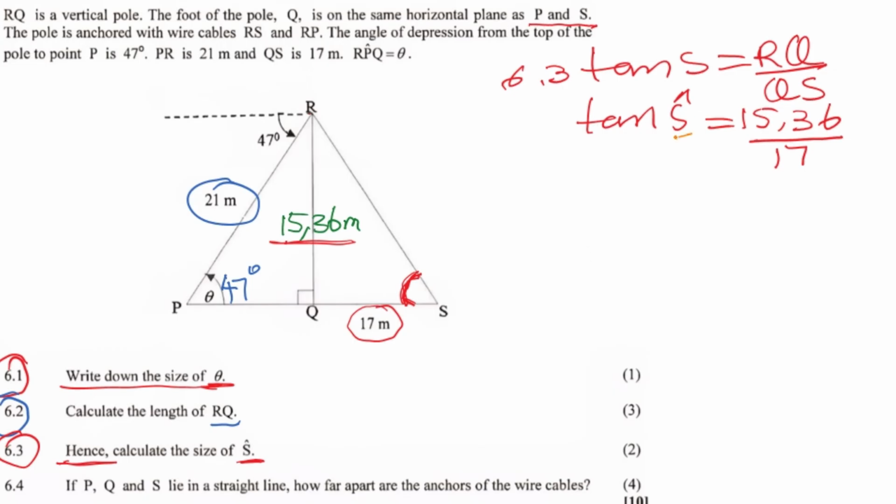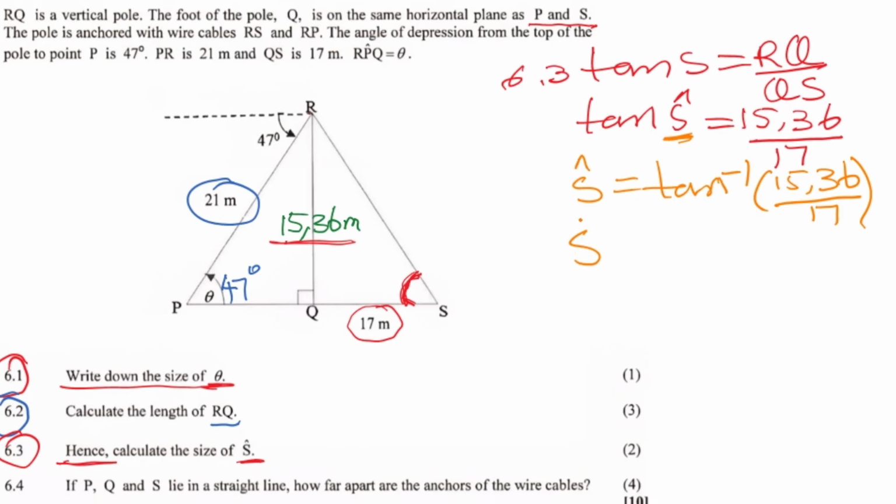Now, because we are looking for angle S, we will say angle S is equal to the inverse of tan. Open the brackets, we write 15,36 divided by 17.